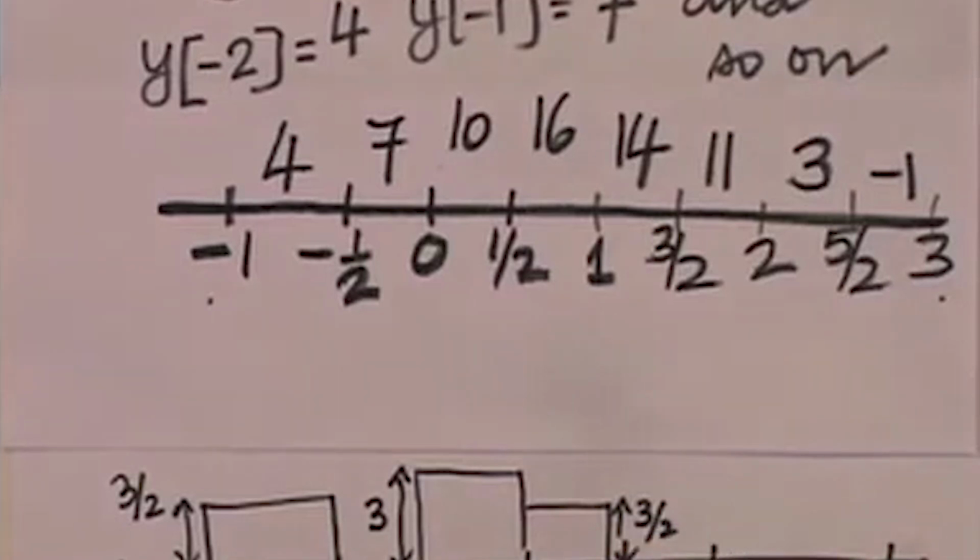And finally, in the interval between 2 and 3, you have a height of 1 and a positive multiple of psi t placed. 3/2, 3, 3/2 and 1.